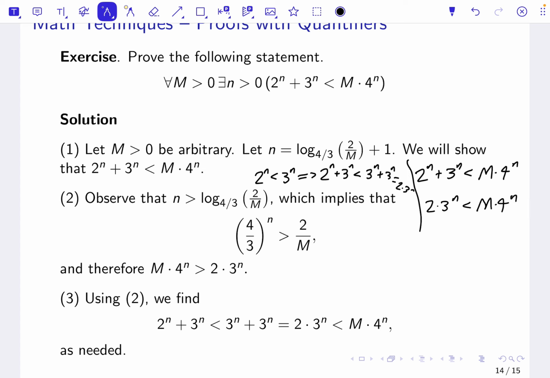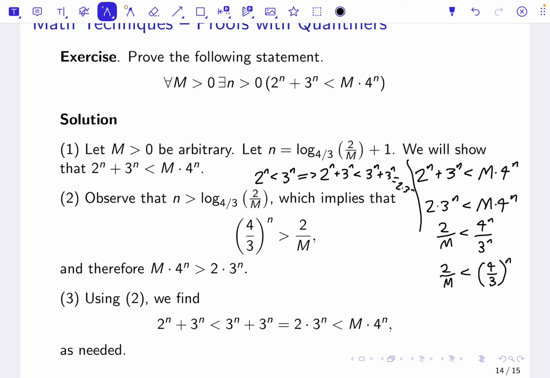Rearrange stuff a bit to get 2 over m is less than 4 to the n over 3 to the n. Rewrite that to be a bit nicer.